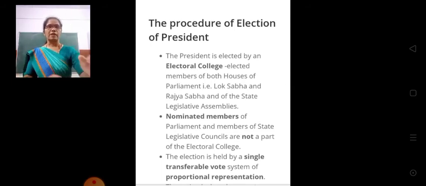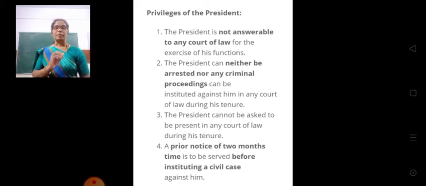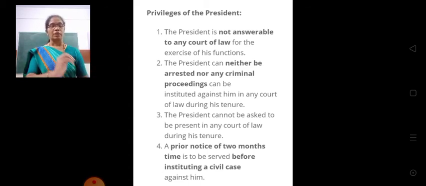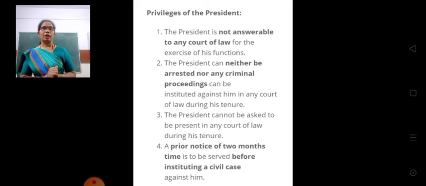Now let us see some of the privileges or powers of the president. The president is formally the head of the union executive. All executive actions, including the passing of bills, are taken in the name of the president.